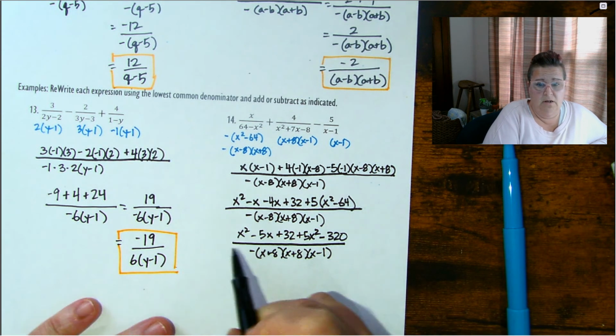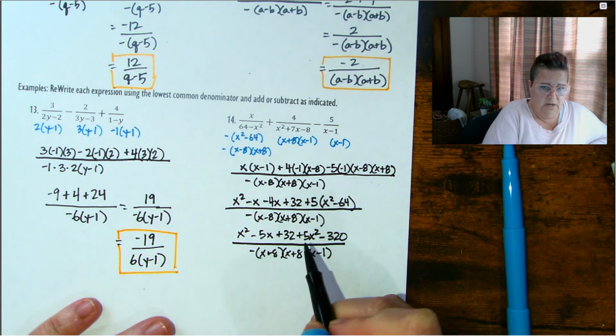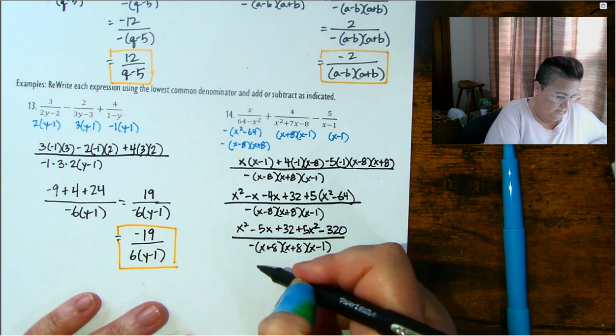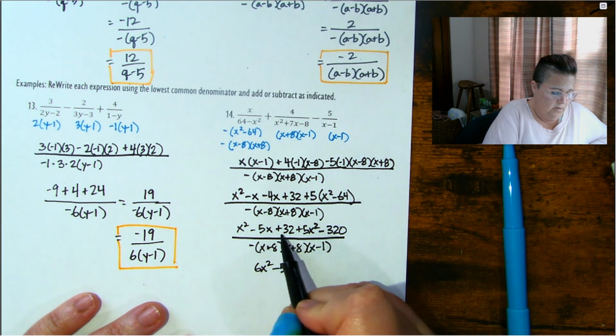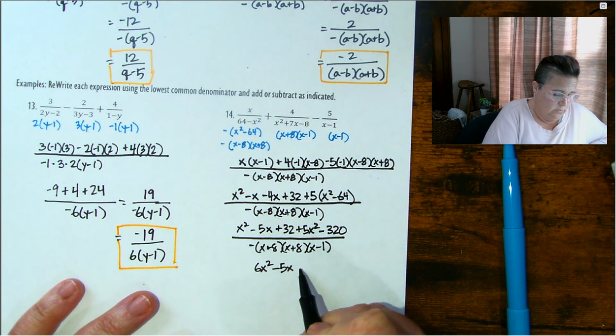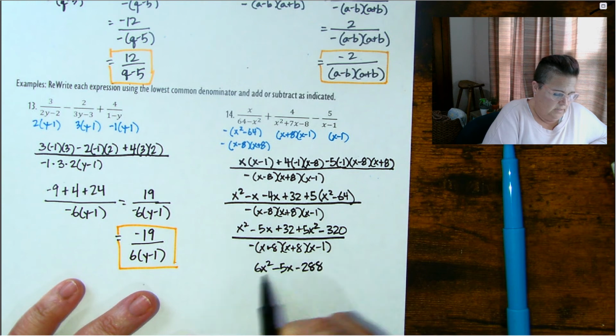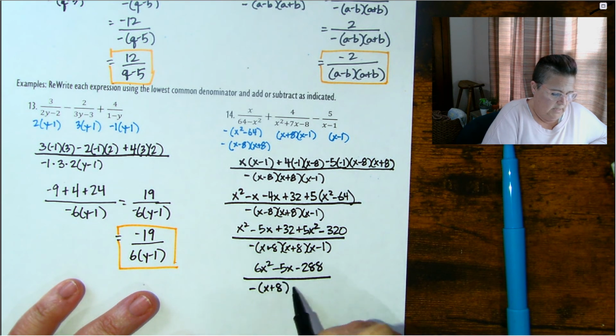Still going. Combining further, I can do the x squared and the 5x squared. That's 6x squared minus 5x plus 32 minus 320 is a negative 288 over a negative x plus 8, x minus 8, x minus 1.